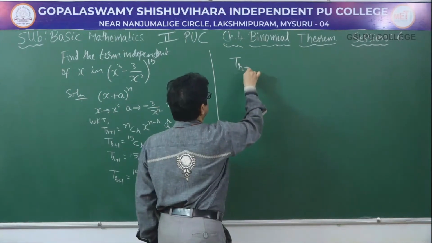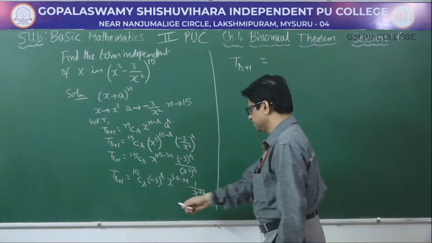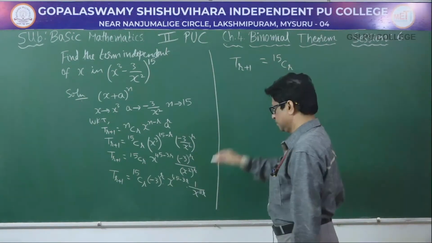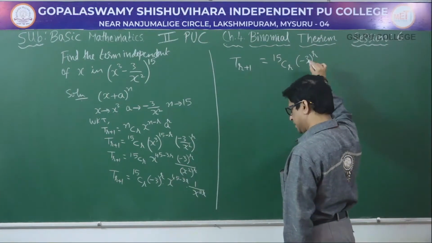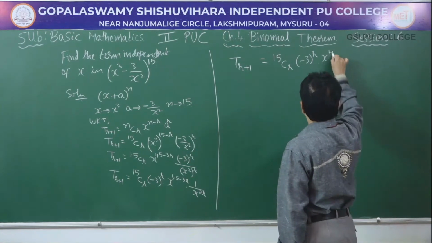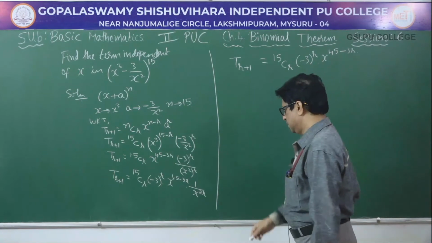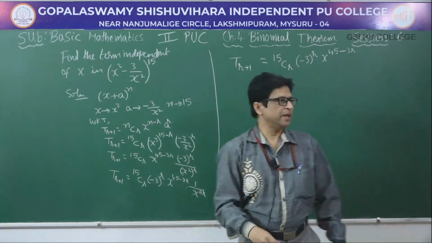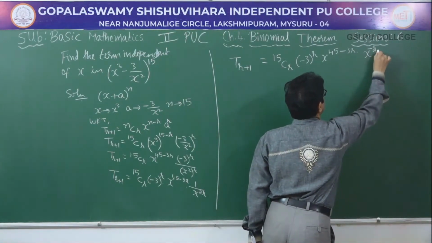So, T(r+1) will be equal to 15Cr into minus 3 power r into x power 45 minus 3r into 1 by x power 2r, which can be written as x power minus 2r.